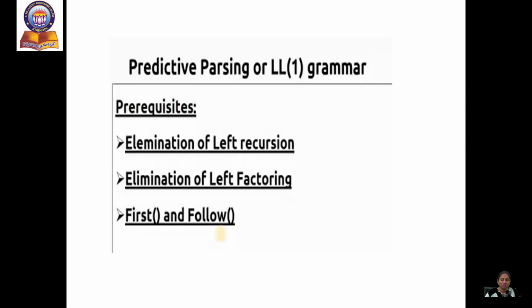And especially to apply the predictive parsing method, along with the elimination of left recursion and left factoring, we have to find out the first and follow functions of a given grammar.